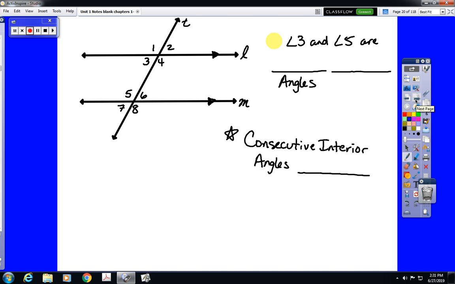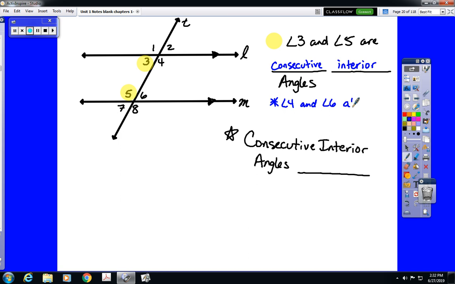Okay, next up we have angles 3 and 5. Notice how they're on the same side of the transversal. That makes them consecutive. And they're between the parallel lines, which makes them interior. There is another pair of consecutive interior angles. That would be angle 4 and angle 6.